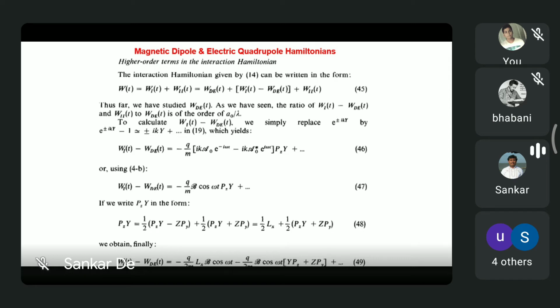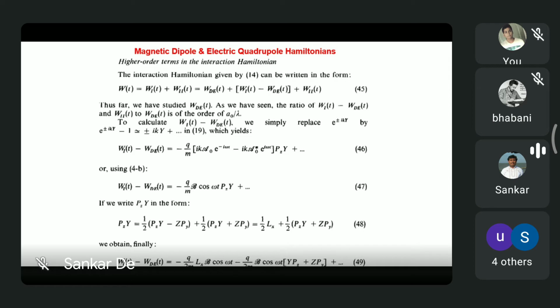That 1 is the only term that we have considered while calculating the electric dipole transitions. So we take that out, and therefore only the higher terms remain. The first term will be plus or minus iky, and the other expansion terms are k squared y squared and other things. So this plus or minus iky term will be the first term in this subtraction, W1 minus W_DE.